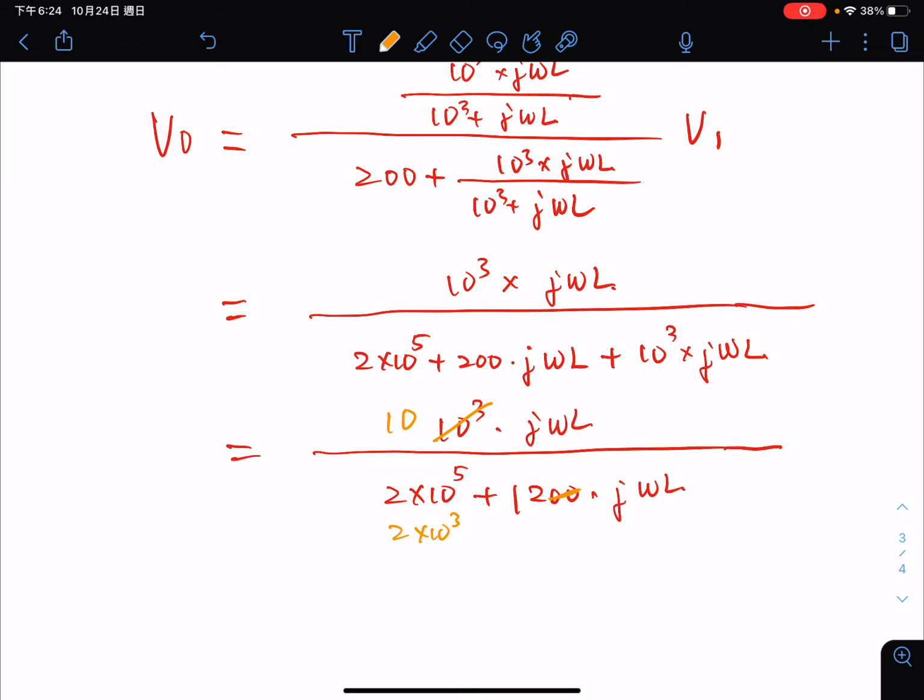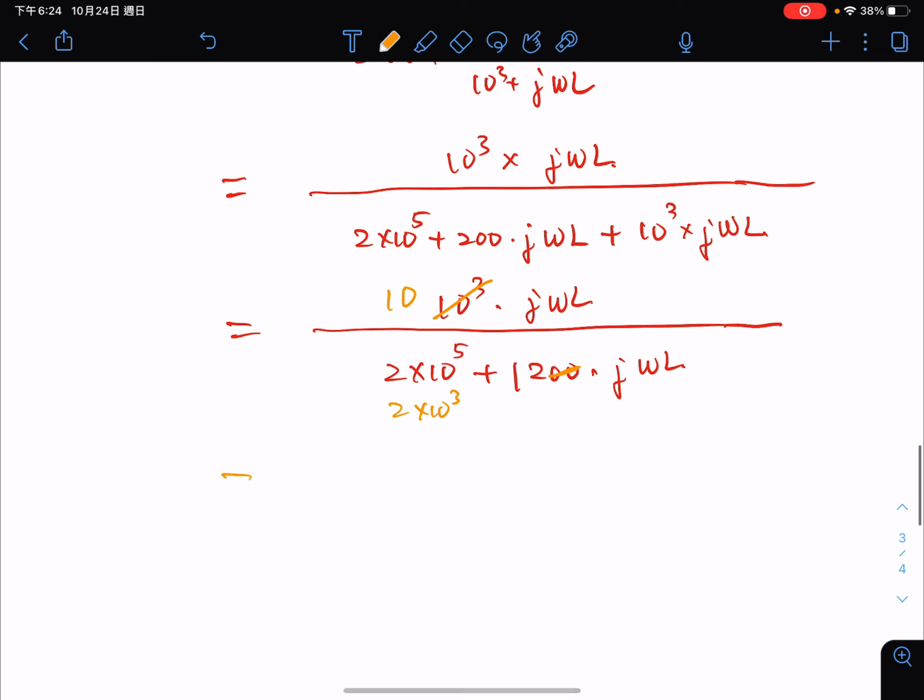Okay, and if I try to bring in the 200, this one was 200 minus 3 here.